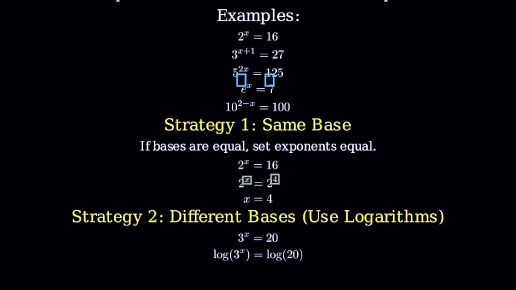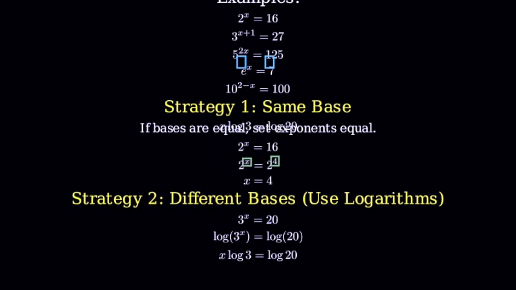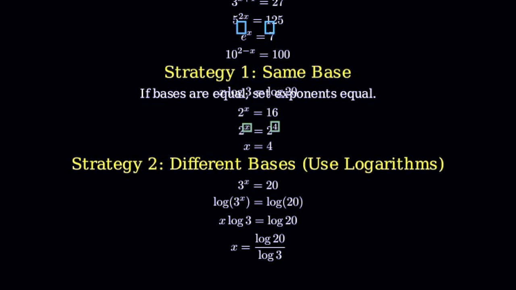Let's use base 10 log. We get log of 3 to the x equals log of 20. Using a logarithm property, the exponent x can come down in front: x times log 3 equals log 20. Finally, to solve for x, we divide both sides by log 3. So, x equals log 20 divided by log 3.